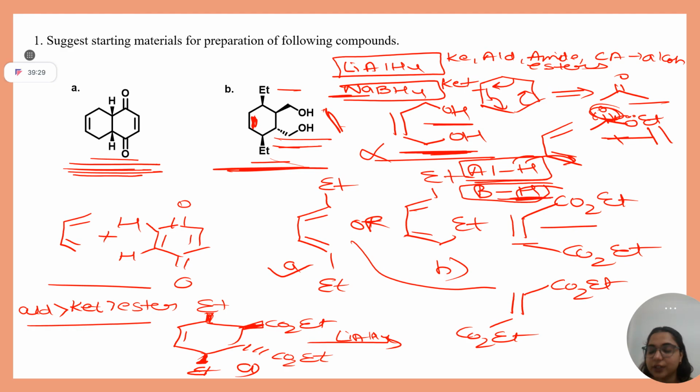Why do we talk about different reagents, sodium borohydride, lithium aluminum hydride, zinc borohydride? Because if our compound has two functional groups, ester and aldehyde, and you want only the aldehyde to reduce, you need a mild reducing agent which reacts only with the aldehyde.